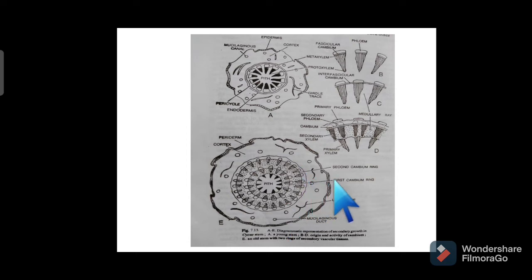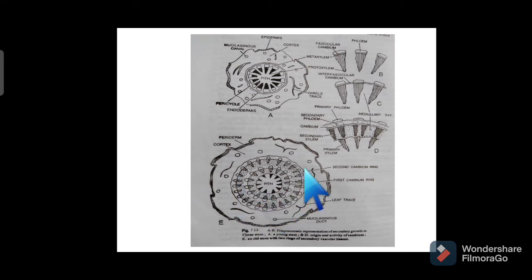So you can see the first cambium ring, second cambium ring. So it develops in the same manner. In this way, successive cambium rings will develop one after another, and several rings of secondary collateral bundles are produced in the old stem of Cycas.